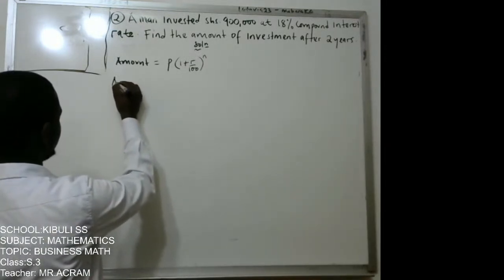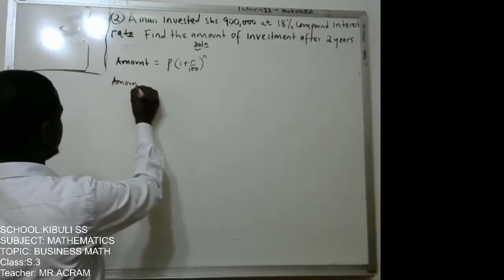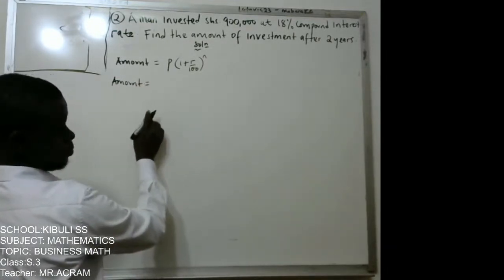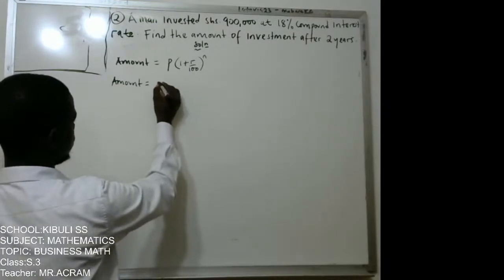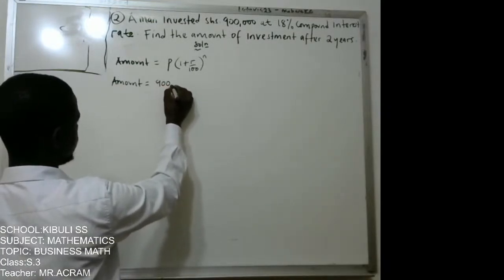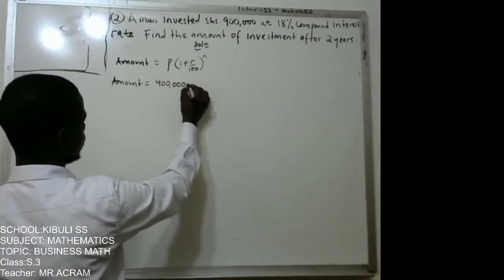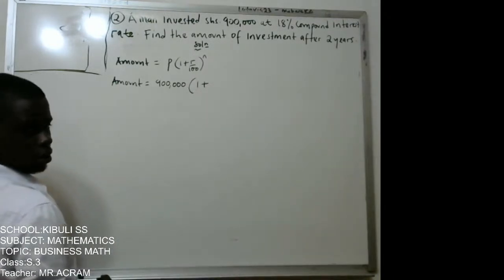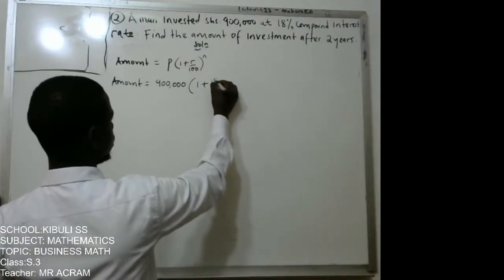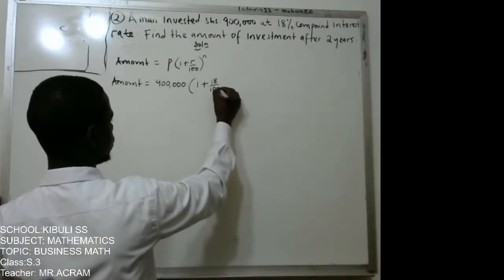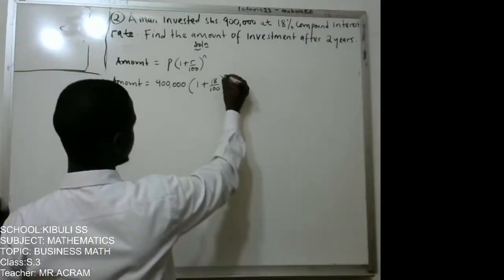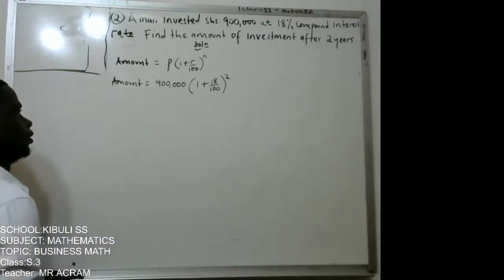So the amount is going to be, what is the principal here? 900, then 1 plus, what is the rate? 18 out of 100. And what is the time? 2 years.